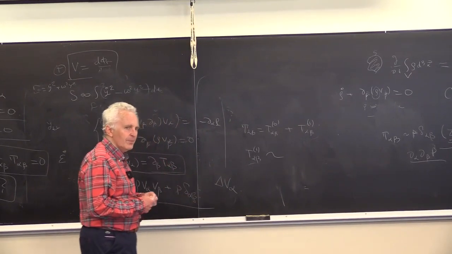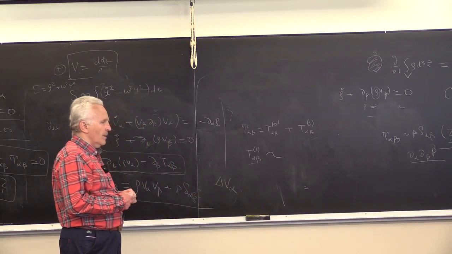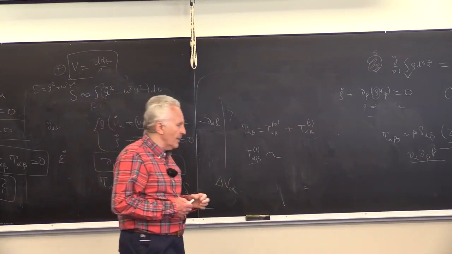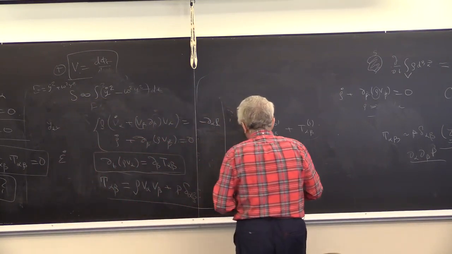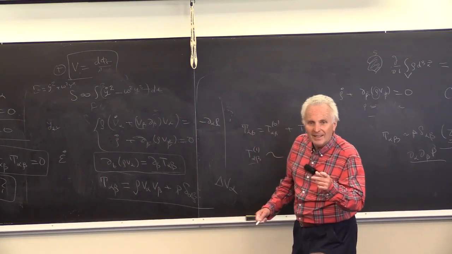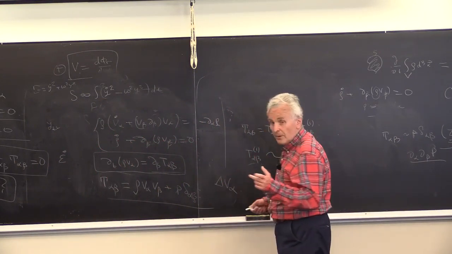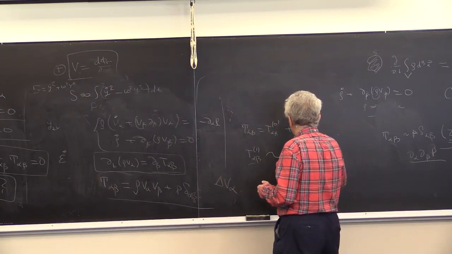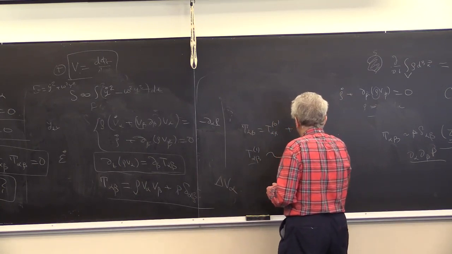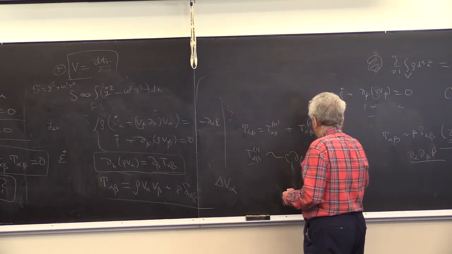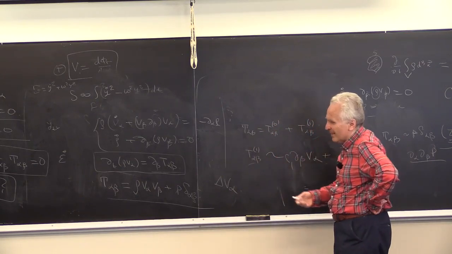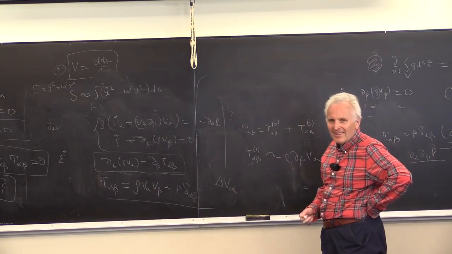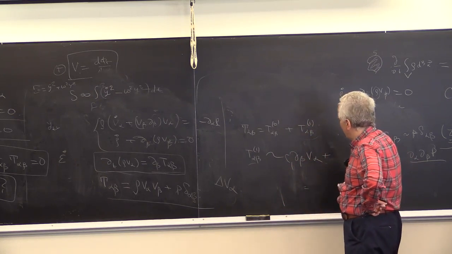So what? D beta V alpha. Good. That's one of the terms which we'll really need. Well, something more. D alpha V beta. Okay.